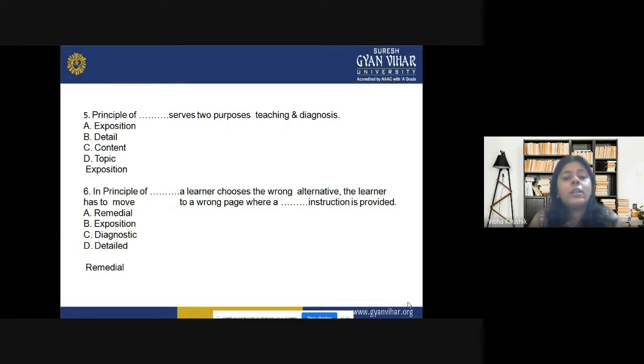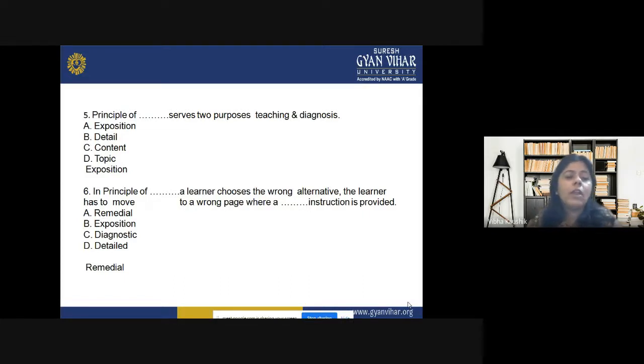The first one is A, exposition, whether it's the principle of exposition, B, detail, whether it's the principle of detail, C, principle of content, or D, principle of topic. So students, these are the options. Now you have to select the correct one on the basis of the given choices, and the correct answer will be option A, that is principle of exposition.